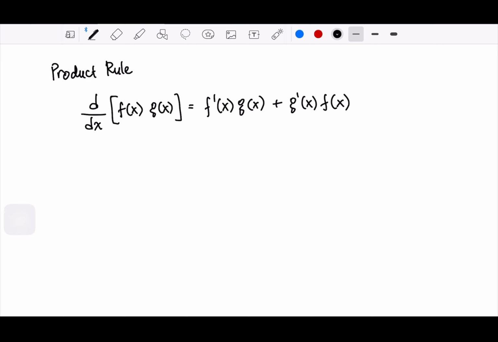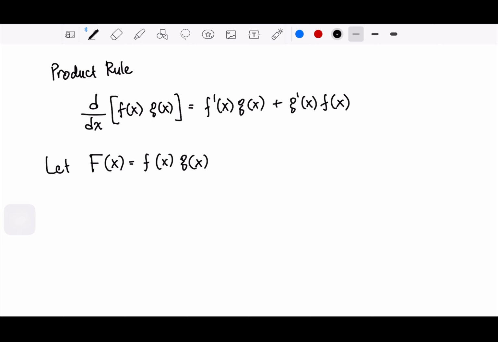Okay, this is the general rule. If we want to prove this, we can write another function describing f and g, like that.